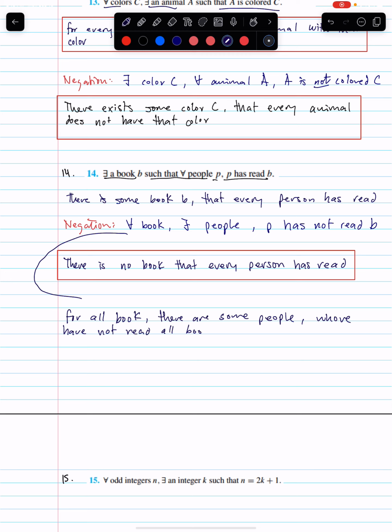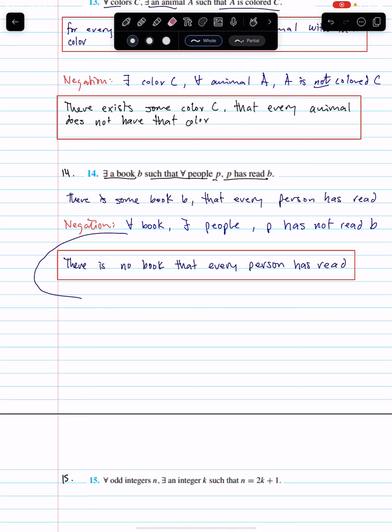Actually, no, this just sounds wrong. You should not say this, even though that's basically what this means. Just think about what makes sense. Yeah. There is no book that all people have read.